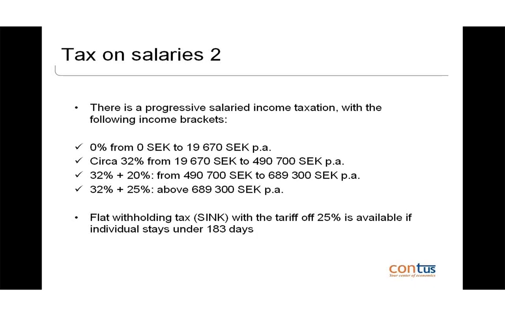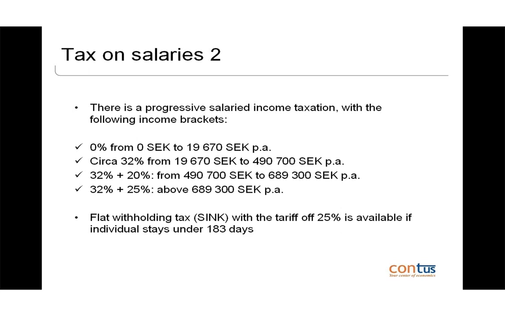Above 490,700 Swedish crowns comes an additional taxation rate of 20% on the income that lies on top of that. And the tax bracket stretches to 689,000 crowns, roughly, a little bit more.